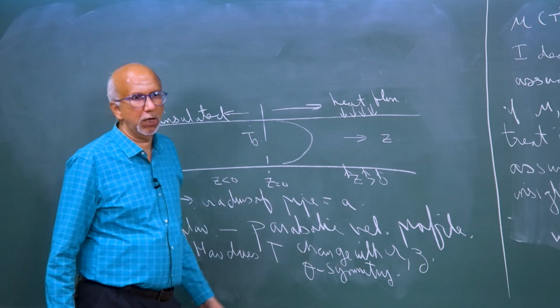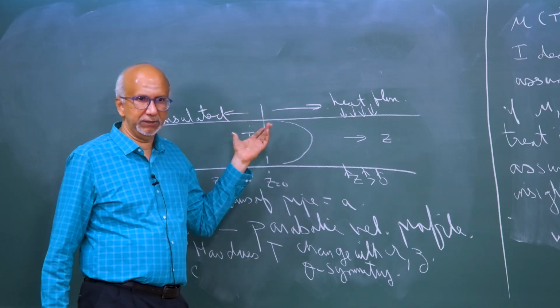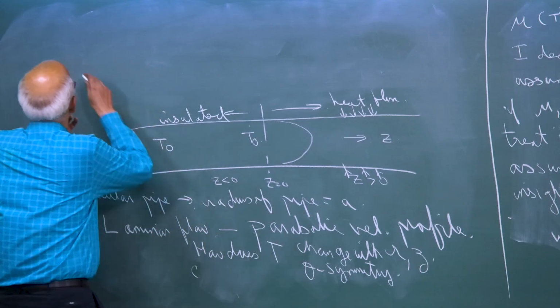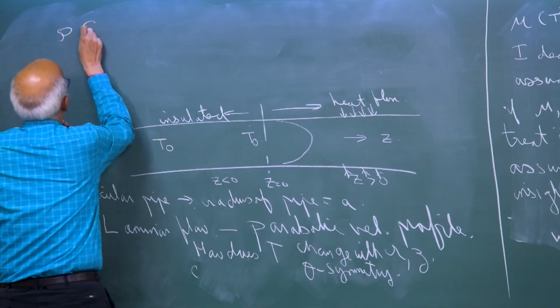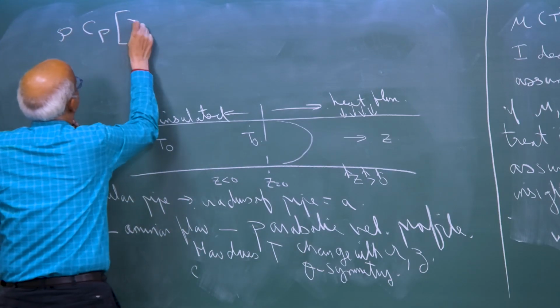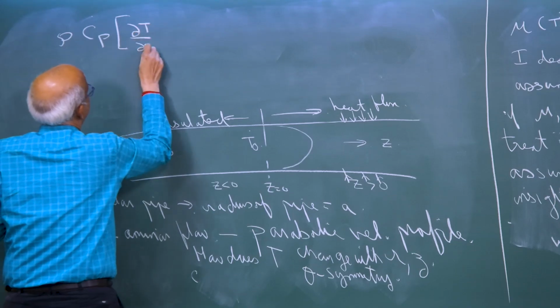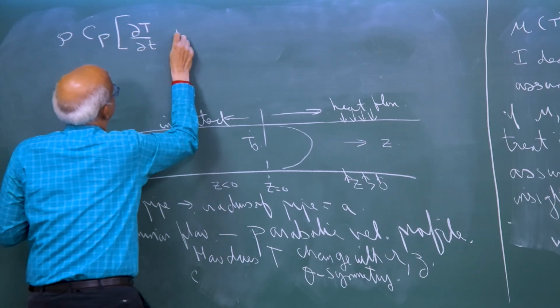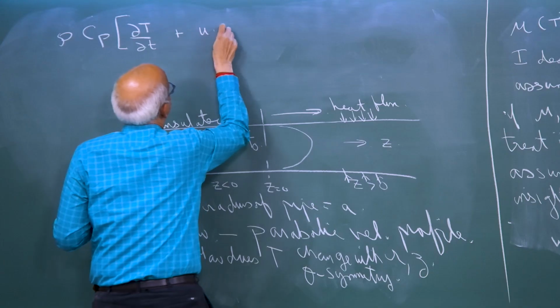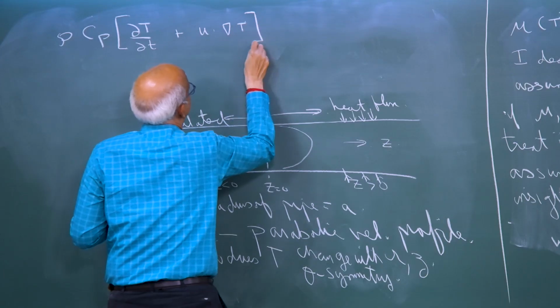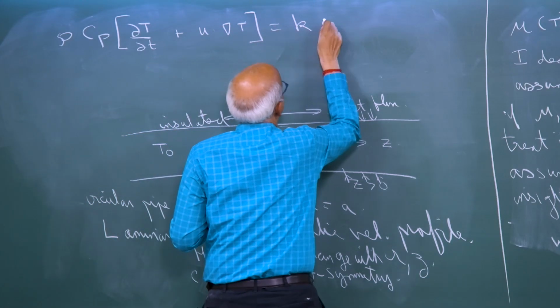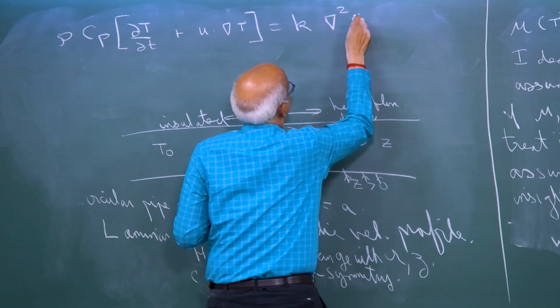So, how do I go about doing this? I need to write my energy balance equation. The energy balance equation tells me rho Cp times dT/dt plus u dot gradient of T equals k del square T.